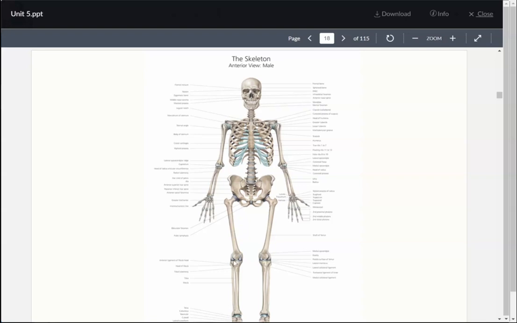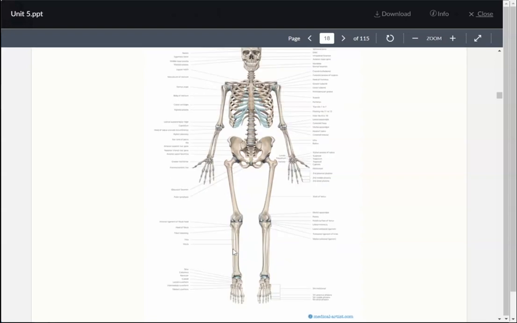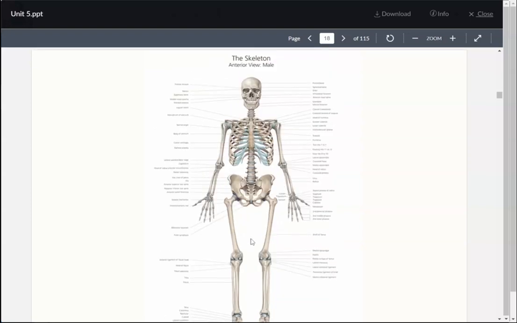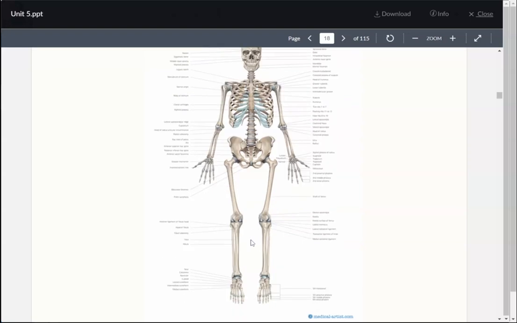Is this the femur or not? Is this the tibia? Is this the fibula? Are these metatarsals? Are these tarsals? Are these called phalanges? Carpals, metacarpals, the ribs, spine. You will need to be able to identify where we can find the major bones.